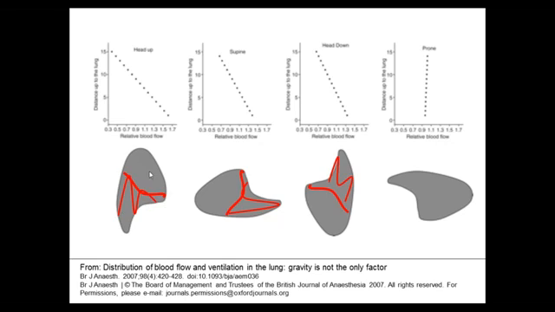That's the upright position. When they changed the position to supine, there was no significant change, nothing happened. And more interestingly, with the head down and bottom of the lung up, so they hung the monkey by the legs and measured the perfusion, it stayed the same.